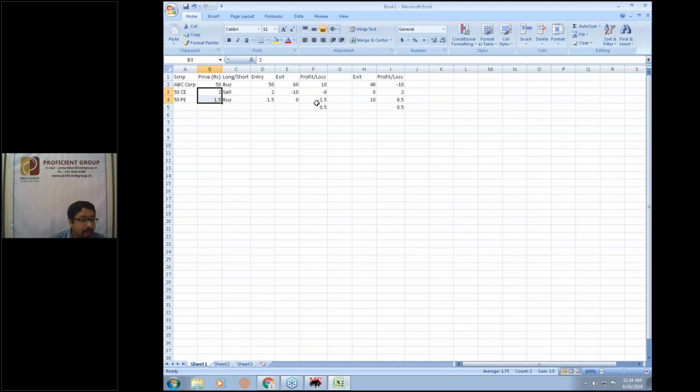They will sell the call, so the price of the call will come down, and they will buy the put, so the price of the put will go up, and so the difference that is right now 0.5 rupees will diminish, and this profit opportunity, that is the riskless profit opportunity, will actually vanish.